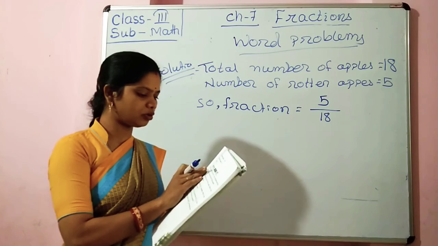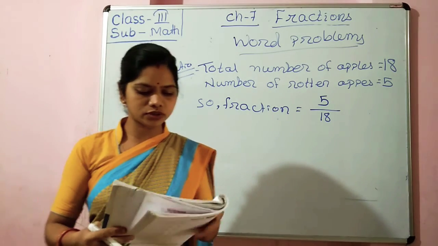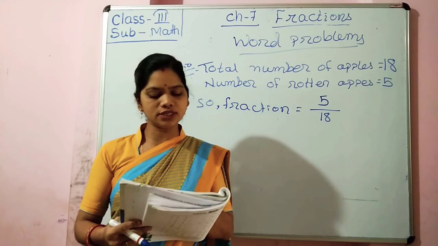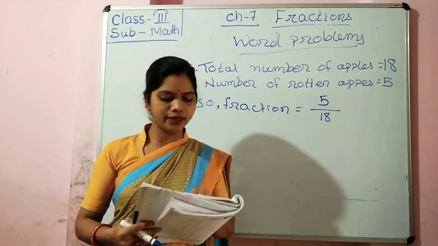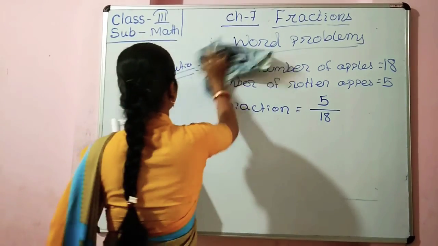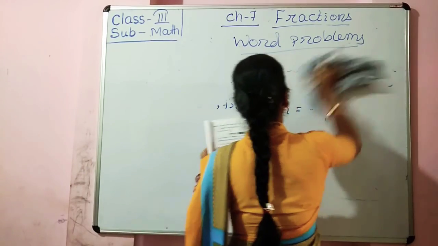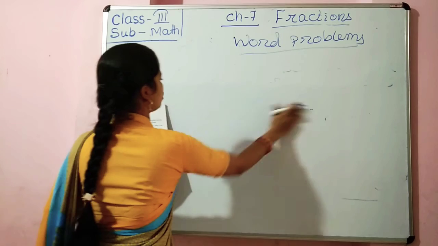Next, exercise 7.7, number one. A box consists of 15 sweets, out of which 7 are chocolates and the remaining are toffees. What is the fraction of the chocolates? Look, a box consists of 15 sweets.